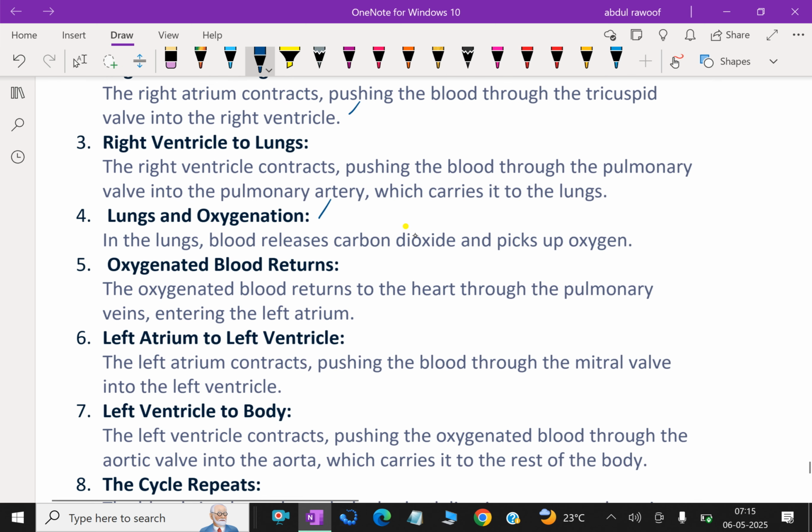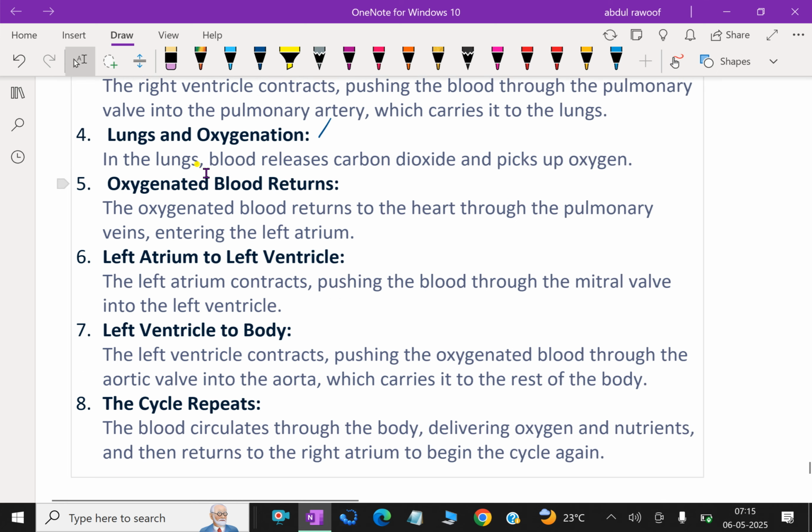Lungs: in the lungs, blood releases carbon dioxide and picks up oxygen. Oxygenated blood returns to the heart through the pulmonary veins, entering the left atrium. Left atrium to left ventricle: the left atrium contracts, pushing the blood through the mitral valve into the left ventricle.